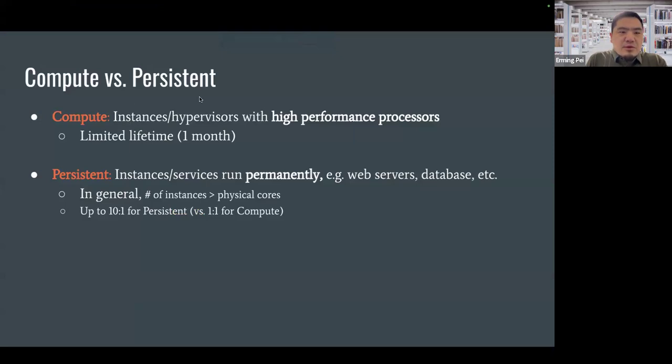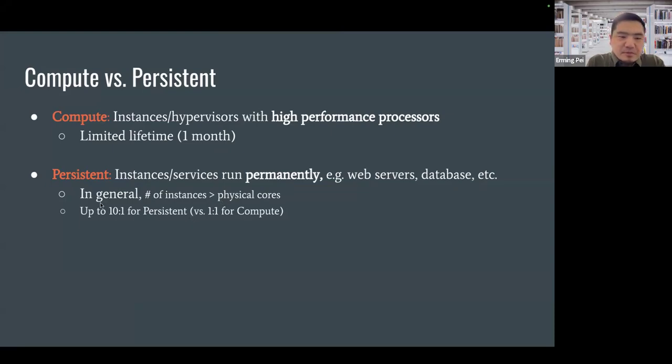I talk about compute and persistent flavors because we divide the resources for different use cases. For the CPU intensive jobs, we give them compute resource, or that type of cloud. For some lightweight services, for example web servers, database platforms, we give them what's called persistent resource.